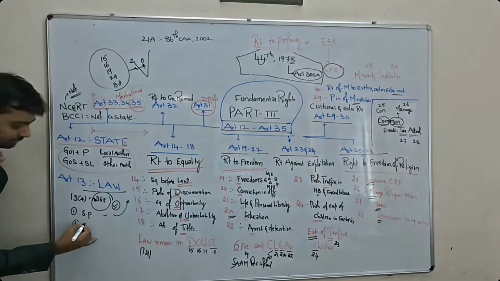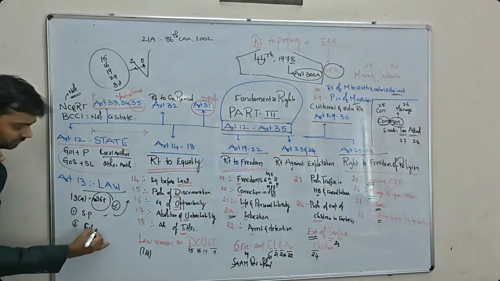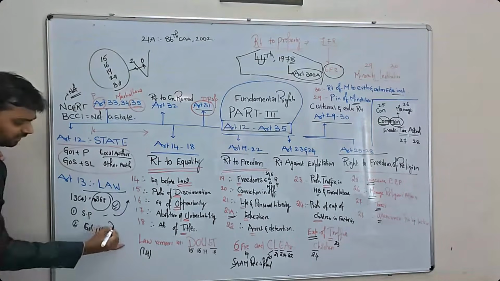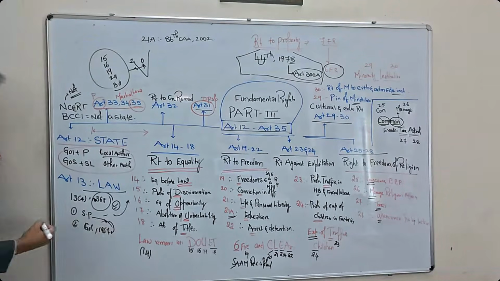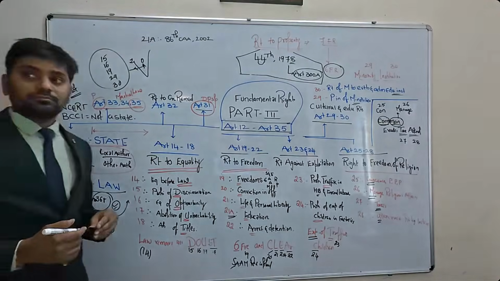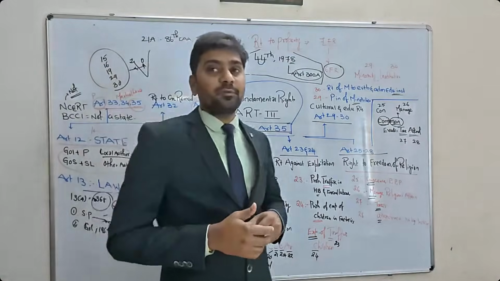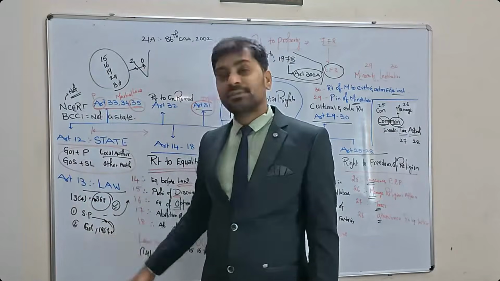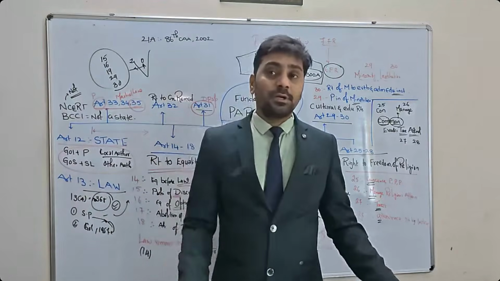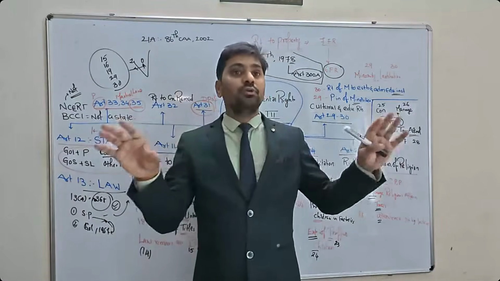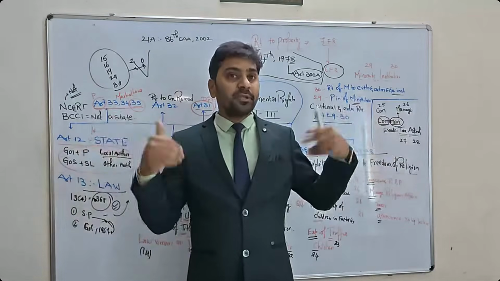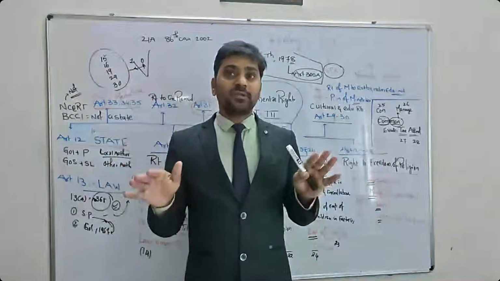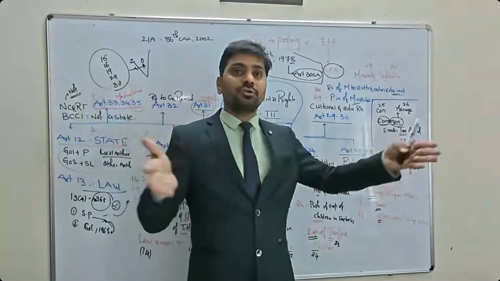The second one is the Golaknath case 1967. Unfortunately, the court has changed the earlier verdict. Why did the court change the earlier verdict? First Shankari Prasad was 1951, and this is 1967. 16 years have passed. By this point of time, by using Schedule 9, parliament which is making the laws used to bring all the laws and keep them under Schedule 9.